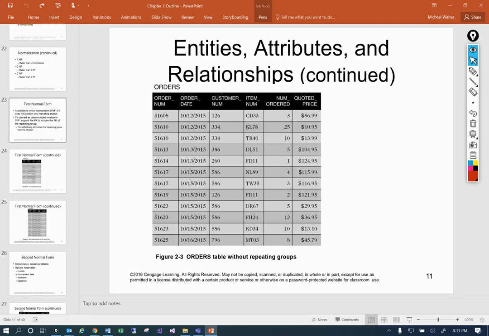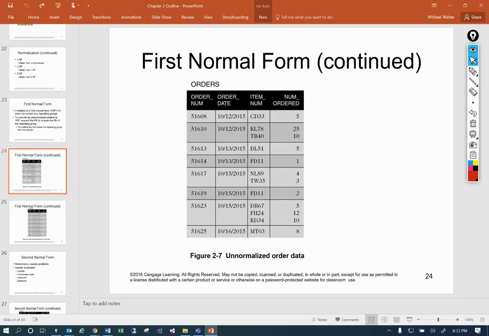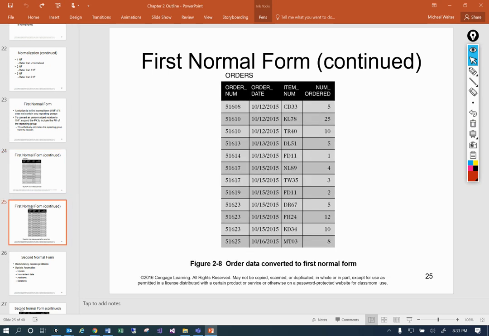Now, don't forget, 2NF is better than 1NF. This is just an example of what we've been talking about, where we took these repeating groups. Sorry, that's not a repeating group, let me erase that. These repeating groups, we are going to separate them out so each one has its own row.